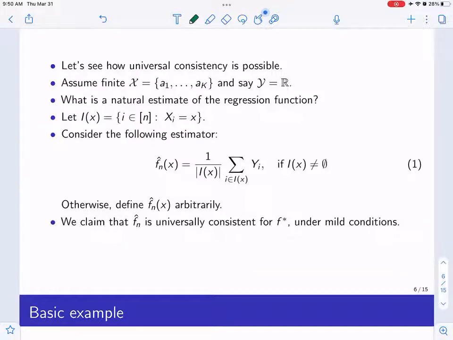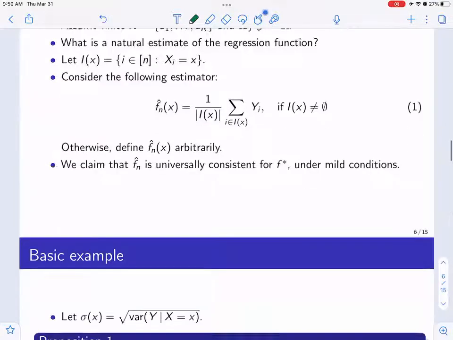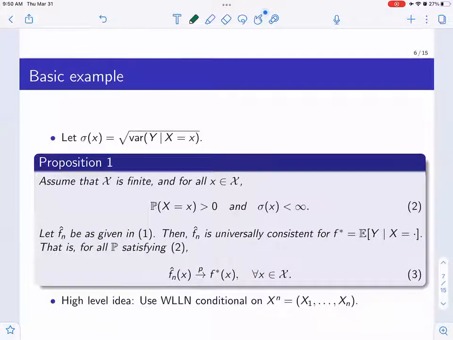So if you define this estimator, which is just averaging yi's over this set Ix, which is all the points that are equal to x, then what we showed is that this is universally consistent for f star, in the sense that pointwise it converges in probability, and then you can translate it into uniform convergence.